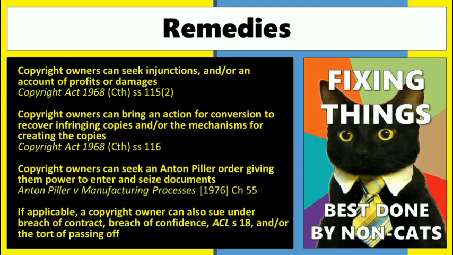Now, there's also an inherent power of the court to grant what's called an Anton Piller order. And this flows from an English case, Anton Piller v Manufacturing Processes, in the 1970s, where the court said that, look, in exceptional circumstances, if you can demonstrate a very high likelihood and a high amount of harm that's going to come, the court can actually grant the copyright holder the power to enter the premises of the infringing party, seize material, and seize documents as part of this process of bringing an action.